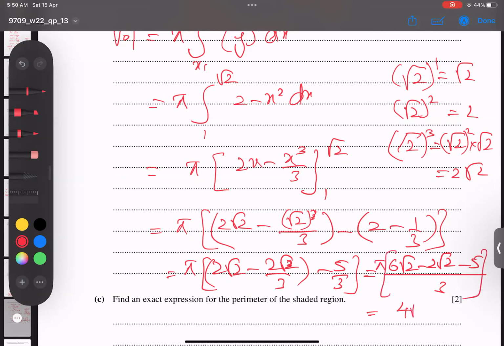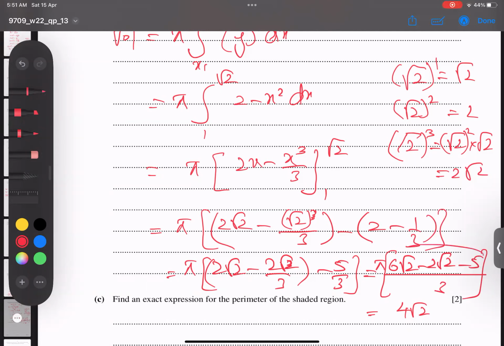So 4 root 2 and pi. One minute, please, let me check. I think that 5 I missed. Okay, 4 root 2, and minus, but 3 is the whole thing.